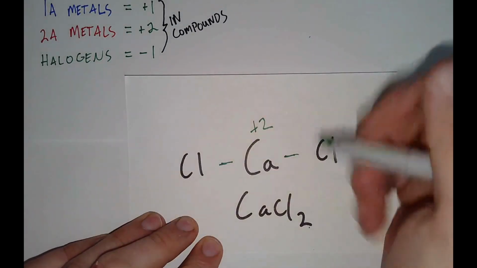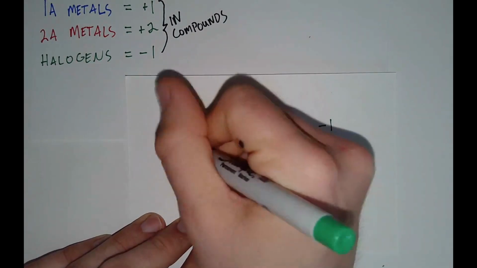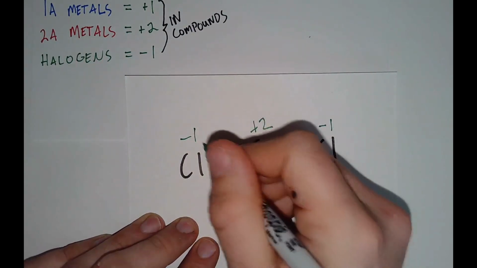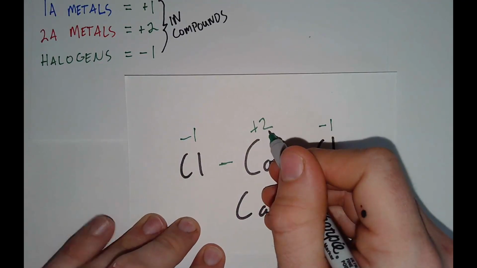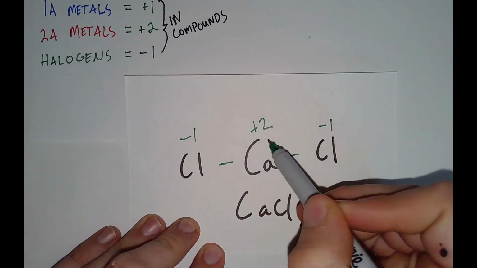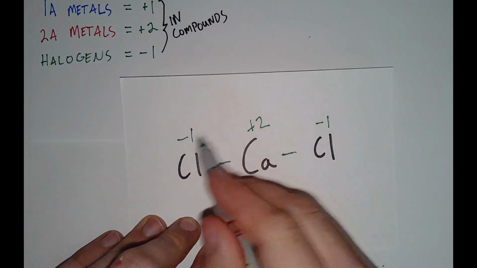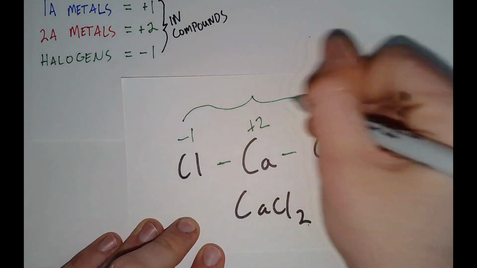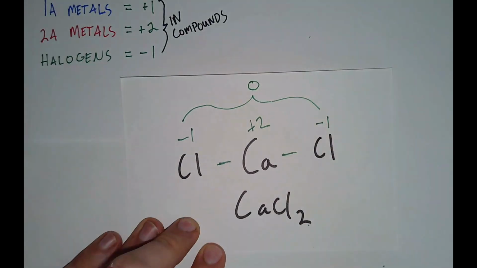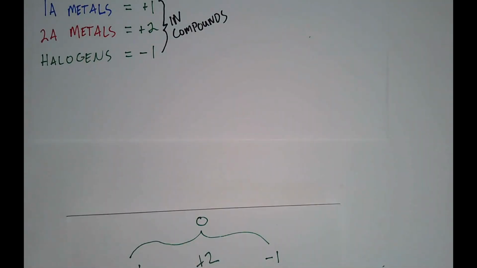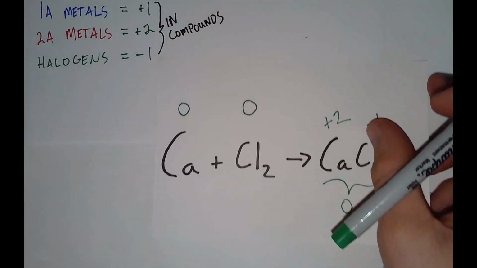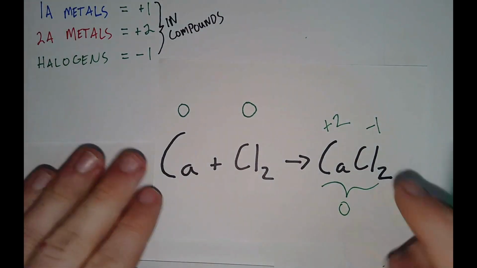2 of these things bound to that one calcium. And I know that halogens are a -1, so each one of these things is at a -1, and together they are both attacking this +2, or more accurately, both taking one of calcium's electrons, to cancel it out so that the total of all of these things together is 0. But we don't write it that way. We write it what each atom's doing.